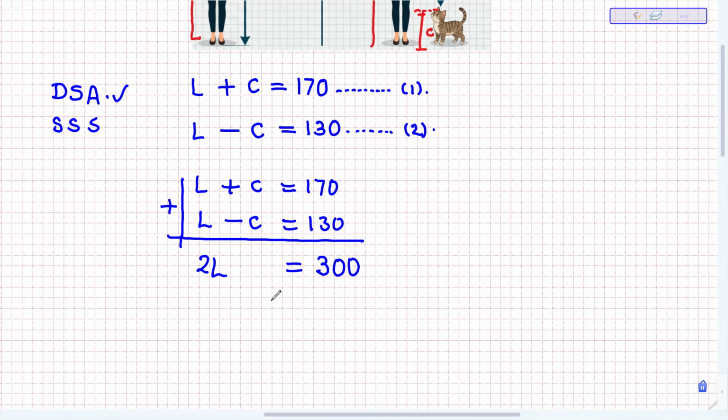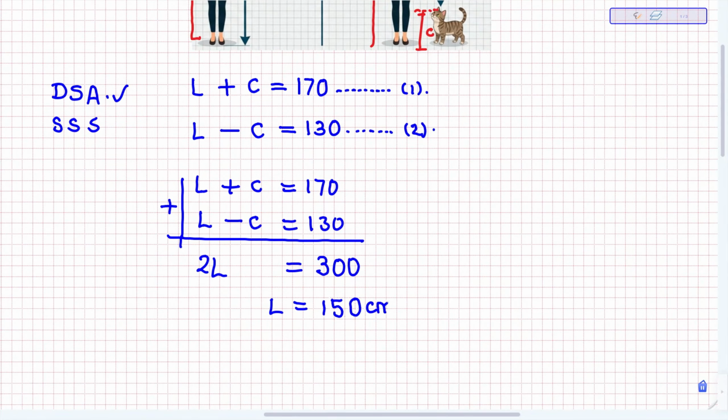Then for us to get L, we divide both sides by 2, and dividing 300 by 2, we obtain 150. And of course this is the final result as the height of the lady, and it must carry the unit centimeters. So you can see this elegant lady, so beautiful, with a height of 150.